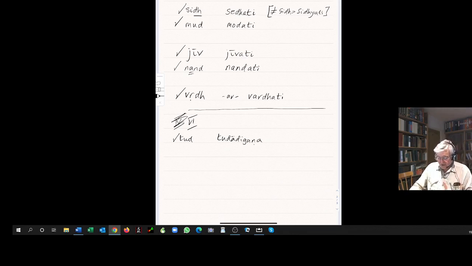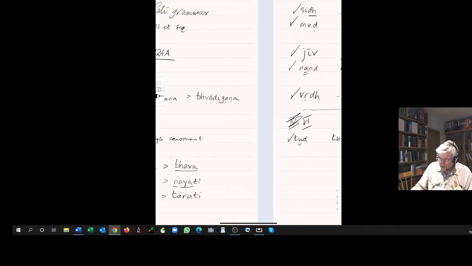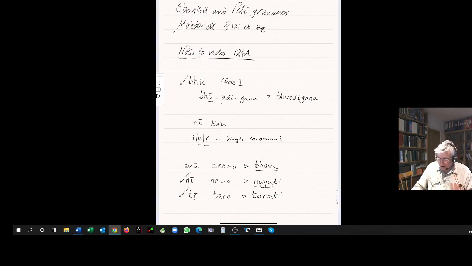The important distinction here between class 1 and class 6 is that the vowel of the root does not change. Why does it not change? Because in class 1, back in Vedic times, the stress or the pitch fell on the root. It was stressed, and therefore if a vowel is stressed, it will often tend to gunate, so tarati.